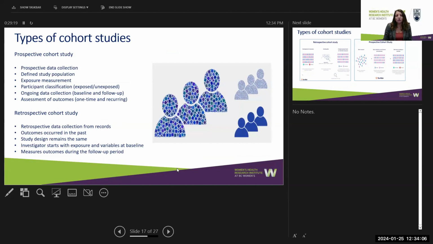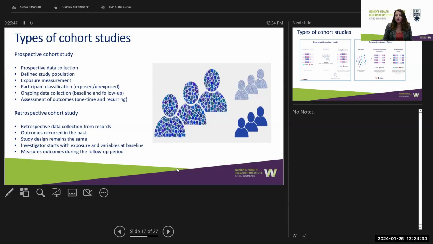Participants in a classical cohort study will be divided into exposed and unexposed. There is ongoing data collection: we recruit them at baseline and follow them in the future, with surveys or specific procedures, for example in radiology. So we follow them up in the future.